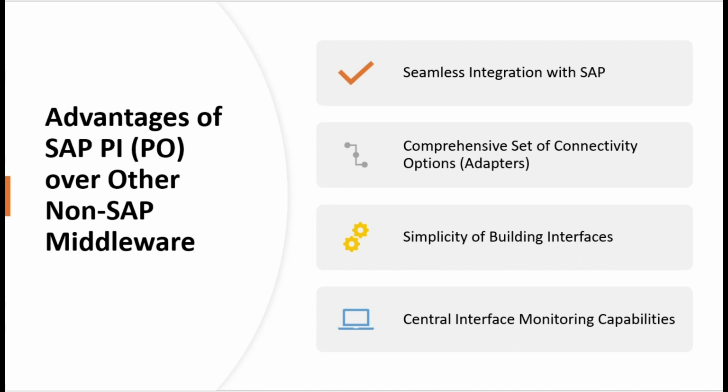Okay, now coming back to central interface monitoring capabilities. Being able to monitor all our interfaces centrally is one of the major advantages of SAP PI. The message monitor of SAP PI allows you to monitor each and every step of the interface's runtime pipeline.